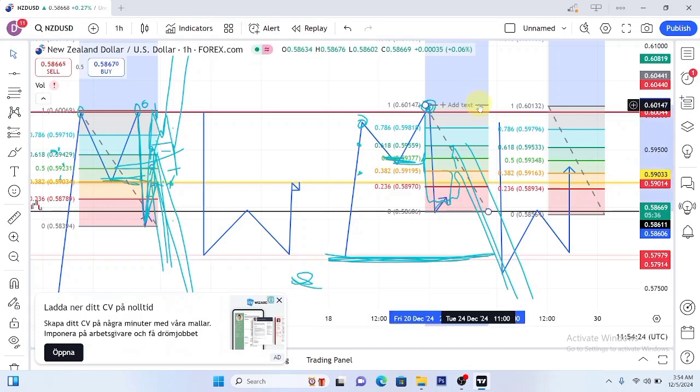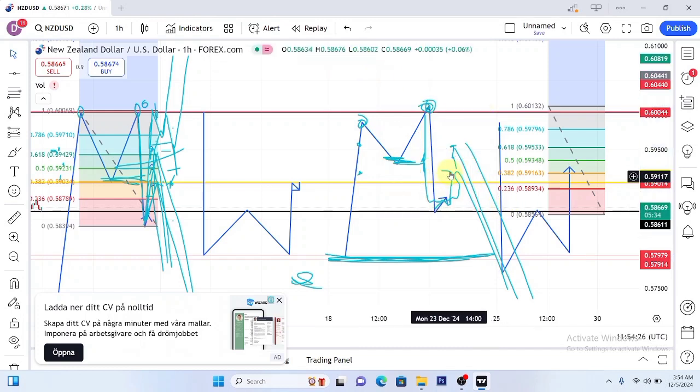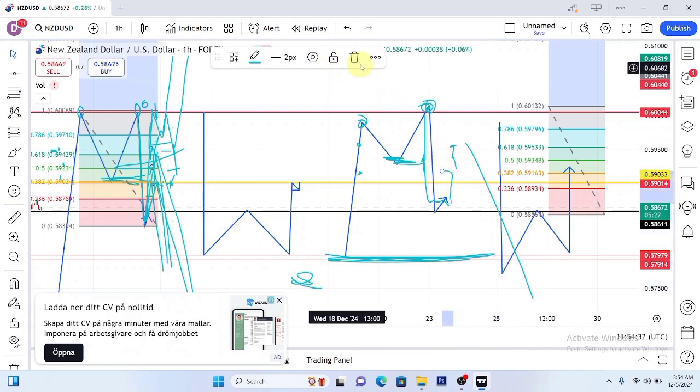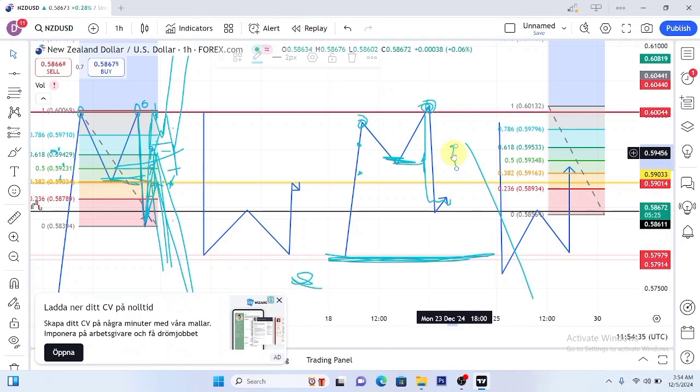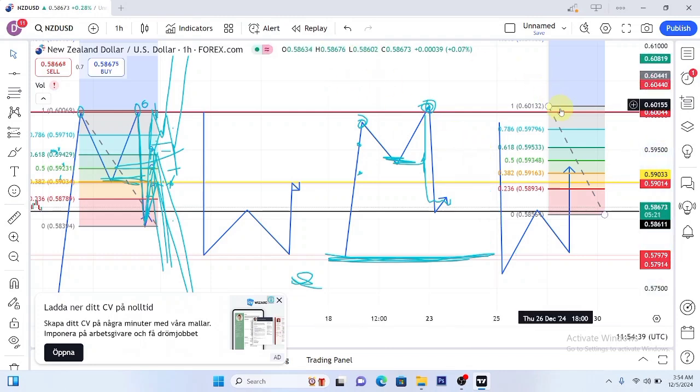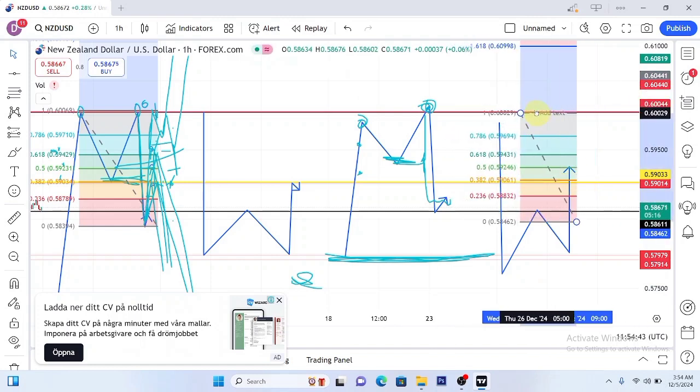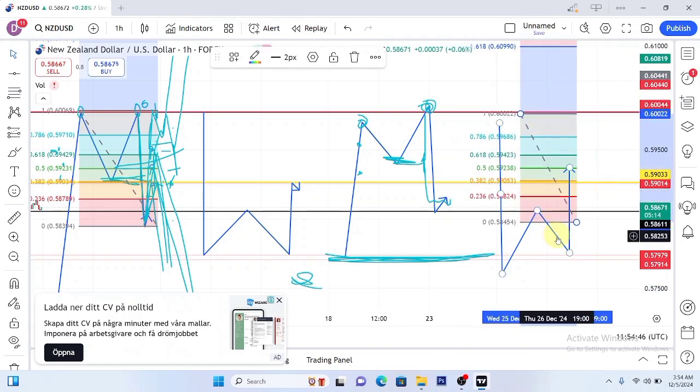All right, let me remove this Fibonacci so that you can actually know where to take your profits. Let's say you succeeded in taking your trade. Let me place this Fibonacci here on this chart so that we can see it.